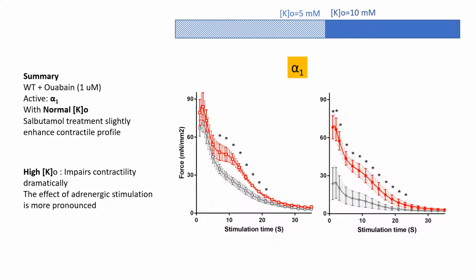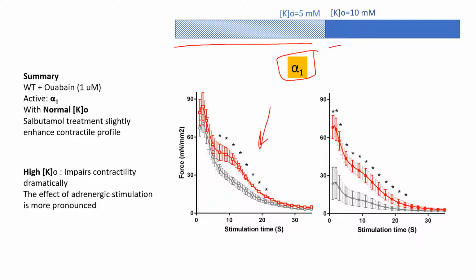When we have wild type plus micromolar ouabain, or alpha 1 active only, with the normal concentration of extracellular potassium, the salbutamol treatment slightly enhanced the contractile profile, but it's not a big boost.